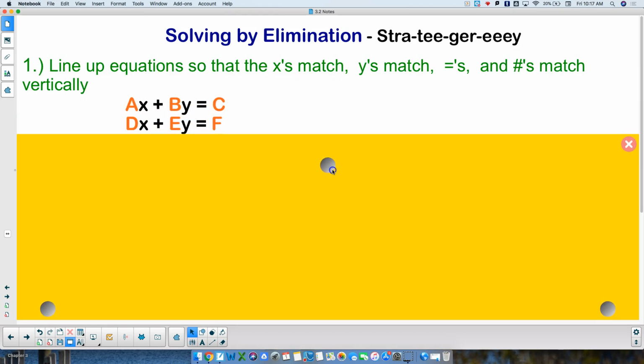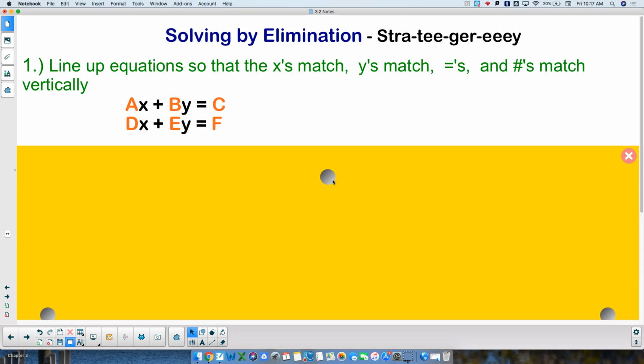The very first thing that I have to do is I have to get my equations lined up vertically. Meaning I want a column with all of my x's. I want my x's on top of x's in the original form, and then I want y's on top of y's, equal signs on top of equal signs, and numbers on top of numbers. Okay?